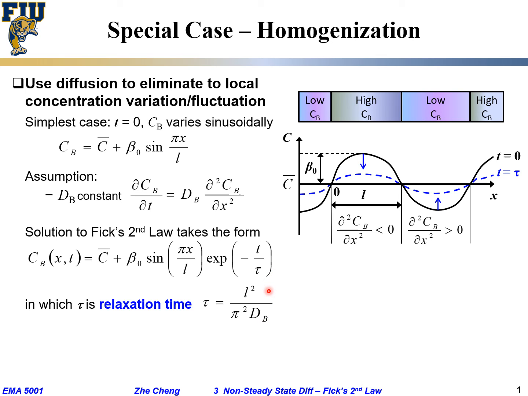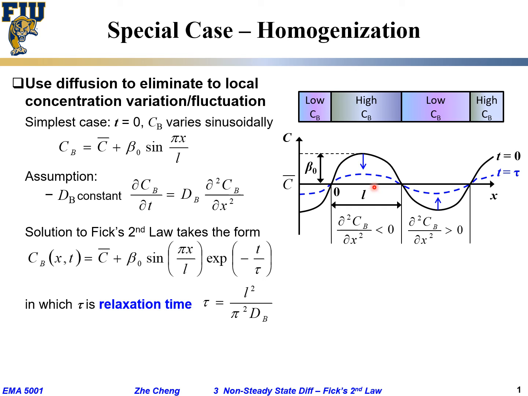That's our initial half wavelength. Make sense? And pi, of course, is a constant. D is also a constant. So this tau term is a characteristic time, the so-called relaxation time.